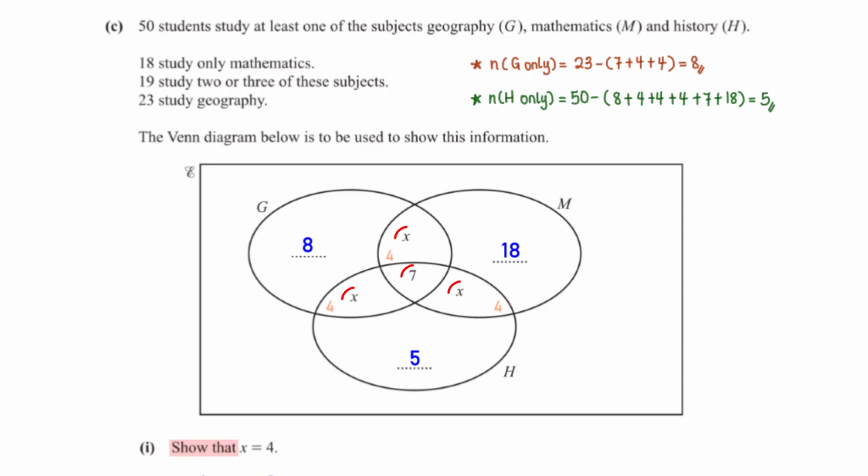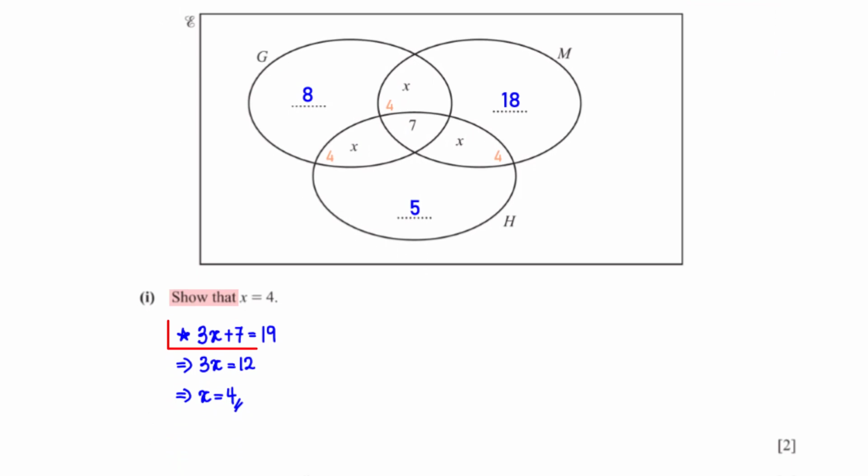This means when we sum up the elements in this region, they must add up to 19. So we have 3x plus 7 equals 19. When we subtract 7 from both sides, we get 3x equals 12. And when we divide both sides by 3, we get x equals 4.